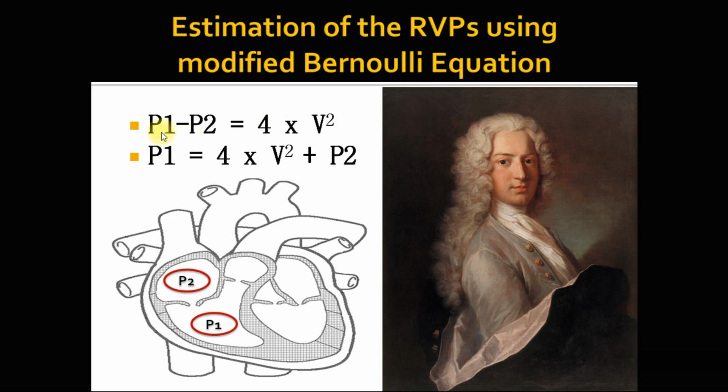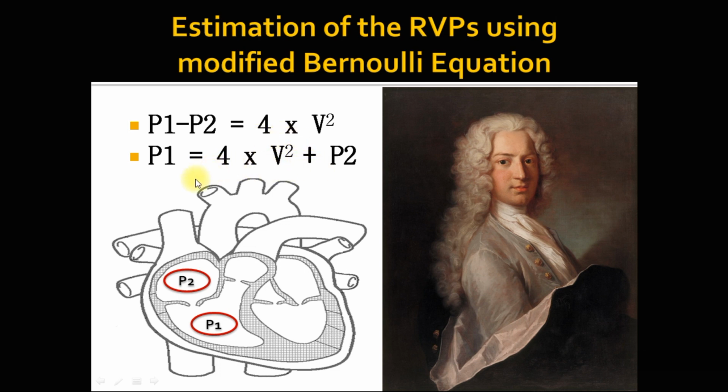What does this mean? I will explain that, but with a simple math trick, we can transfer the P2 to the opposite side of the equation. Then P1 equals 4 times the velocity squared plus P2.